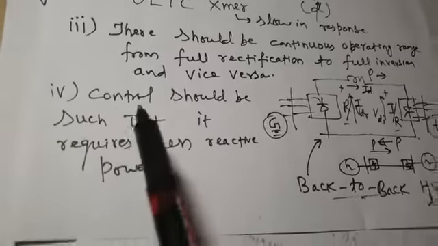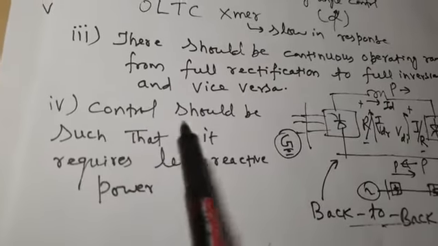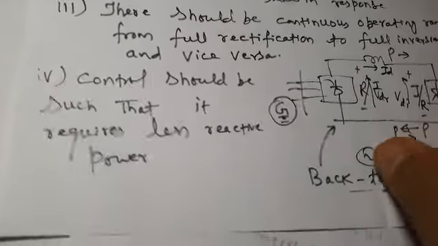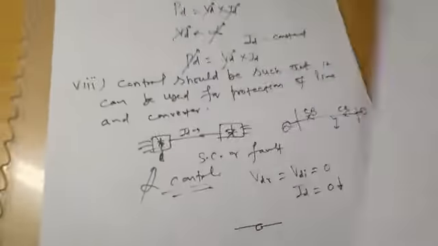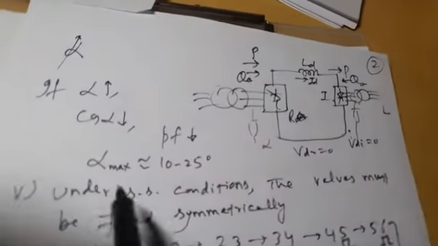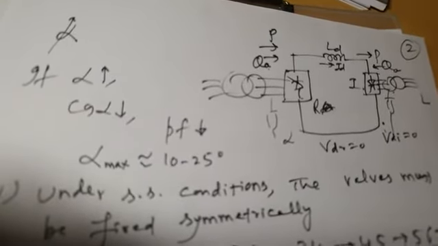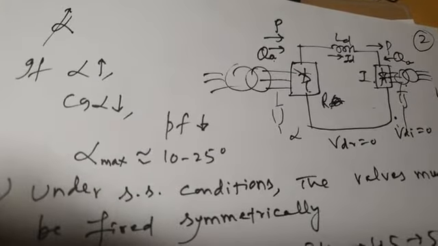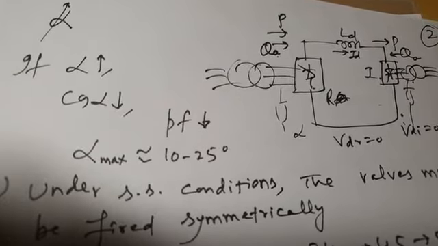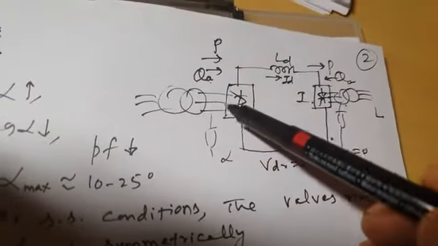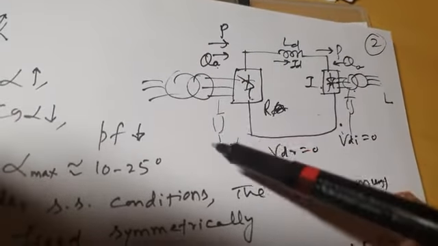Then the next requirement is that control should be such that it requires less reactive power. That means you have to limit the maximum delay angle to 10 to 25 degrees only, because by limiting the delay angle to 10 to 20 or at most 25 degrees, the reactive power requirement is very, very small and you don't need large reactive power compensation equipment.